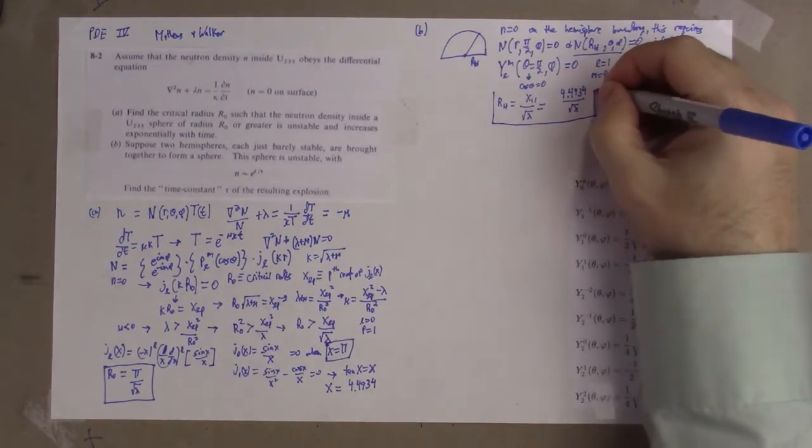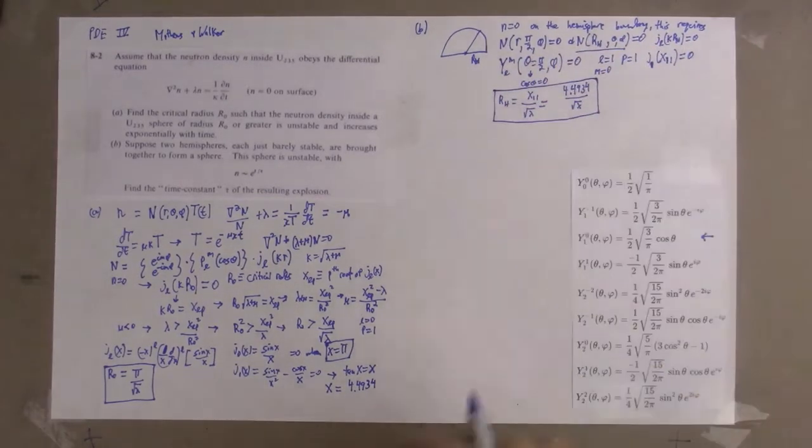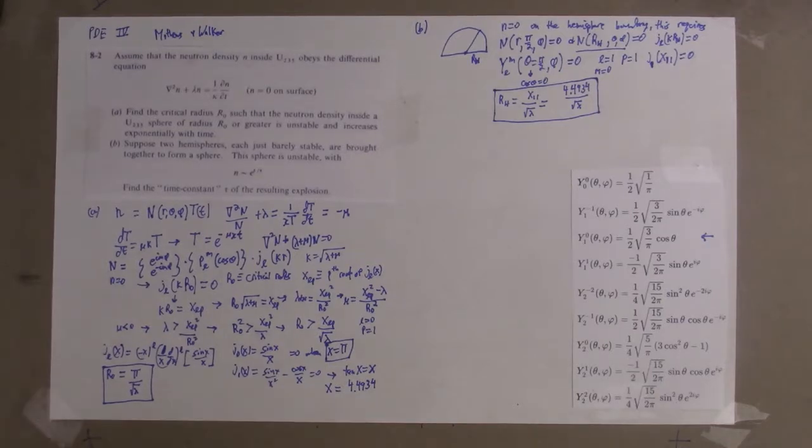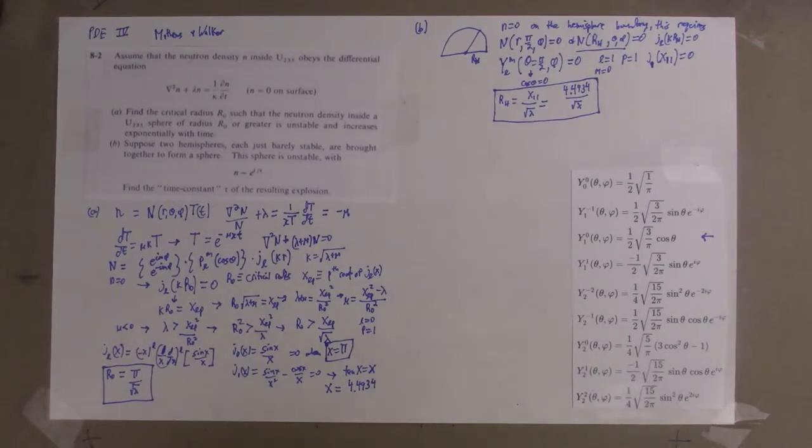So you can see that for the hemispheres to be stable, it's going to be larger than the sphere. Now when we bring the hemispheres together, we have a total radius for a sphere that's larger than this, and that's the problem, because that makes it unstable. When you have less uranium, it can be stable, but as you add more and more uranium, it becomes unstable. Too much fission.